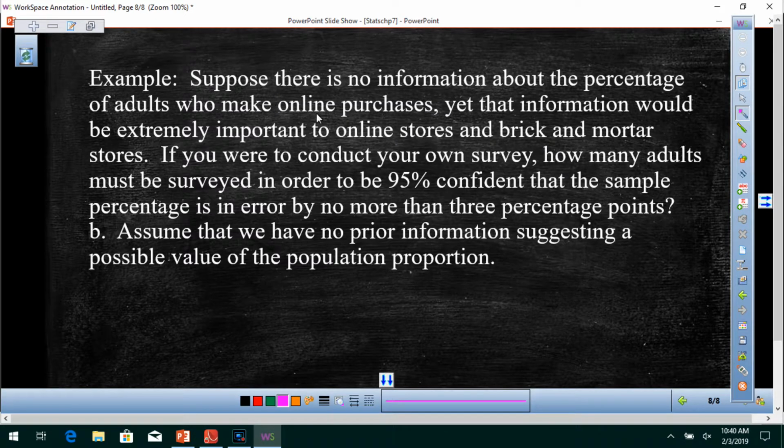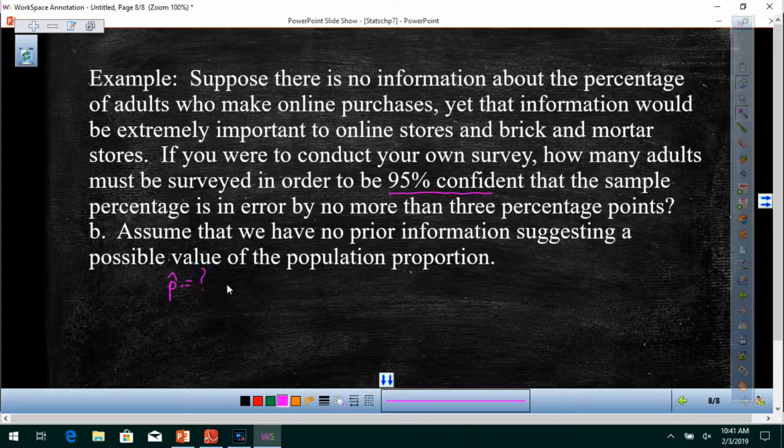Suppose there's no information on adults who make online purchases, yet that information would be extremely important to online stores and brick and mortar stores. If you were to conduct your own survey, how many adults must be surveyed in order to be 95% confident that the sample is in error by no more than 3 percentage points? Okay, so what do we got here? What is p hat?